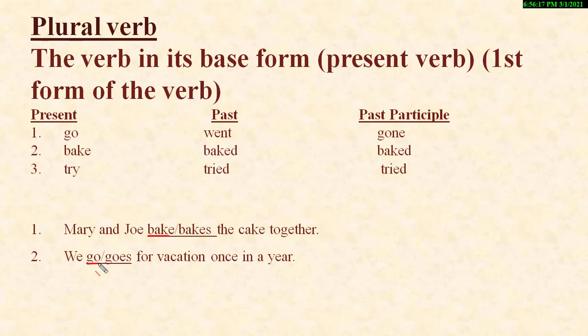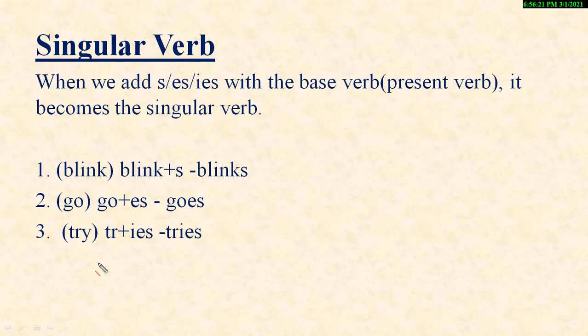The plural subject uses the plural verb. Now let's come to the singular verb. When we add s, es or ies with the base form of the verb, base form means the present verb, the verb becomes the singular verb.